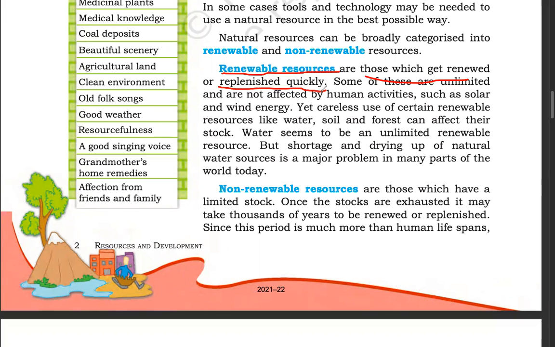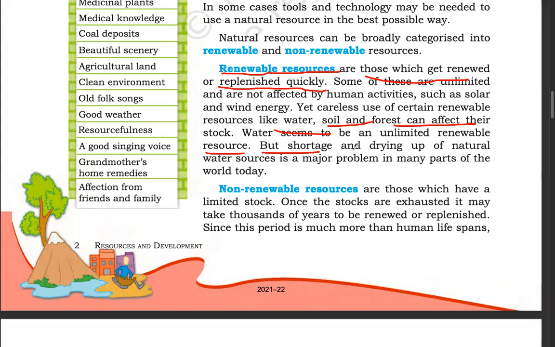Yet, careless use of certain renewable resources like water, soil, and forest can affect their availability. Water is not going to get finished in a single day, but after at least 50 or 80 years there is a possibility that it will get finished.